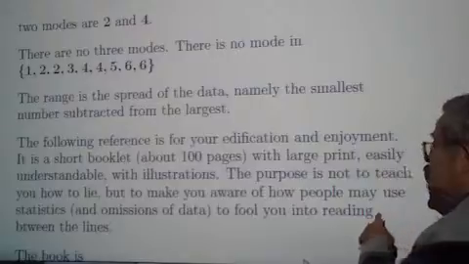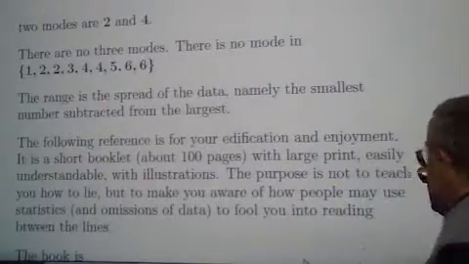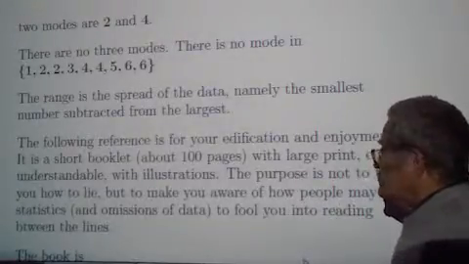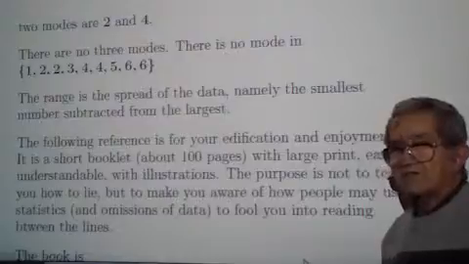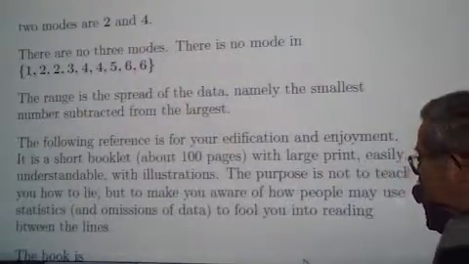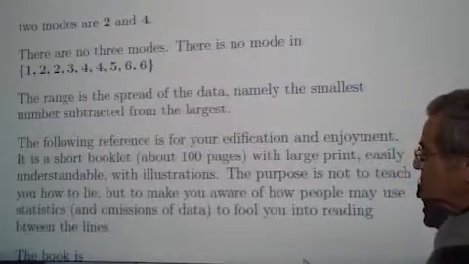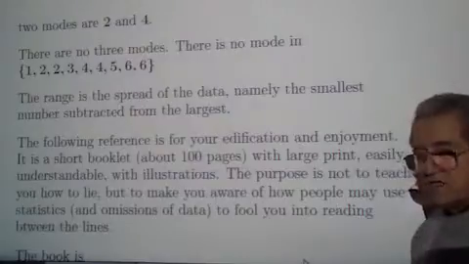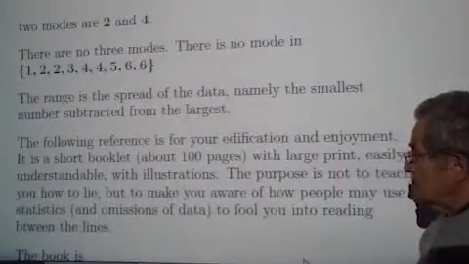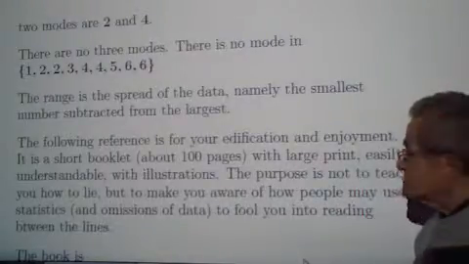The purpose is not to teach you how to lie, but to make you aware of how people use statistics and omissions of data to fool you into reading between the lines. It's quite an eye-opener. It's very enjoyable. It's a little book. I'll give you the title shortly. It's amusing, and it has a lot of information. If you can get a hold of that book, oh, you're going to love it.